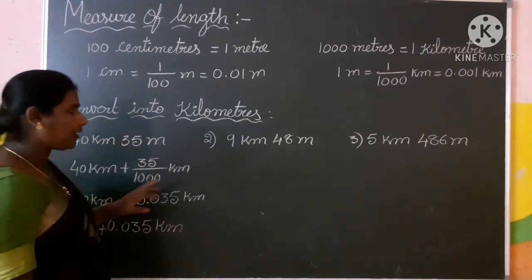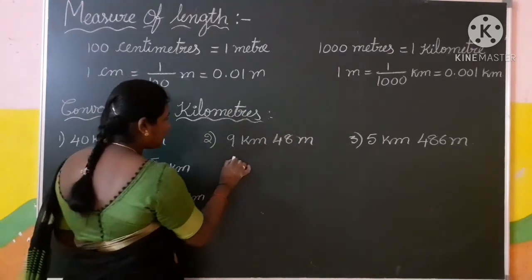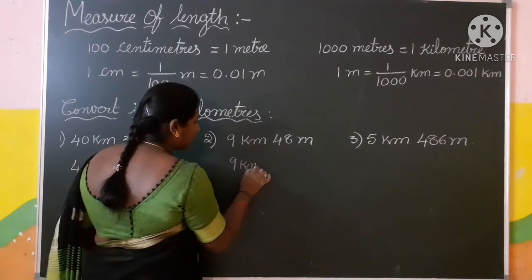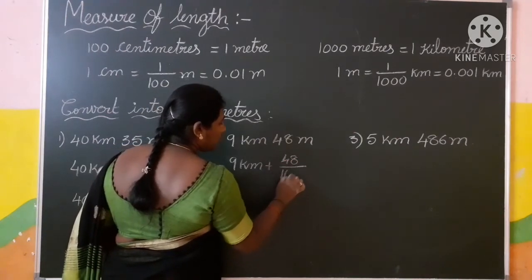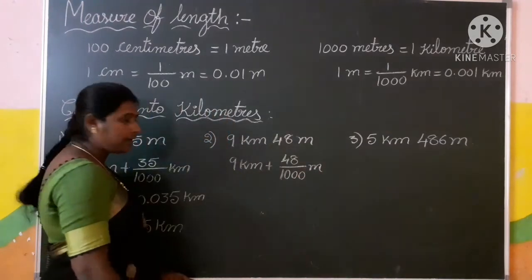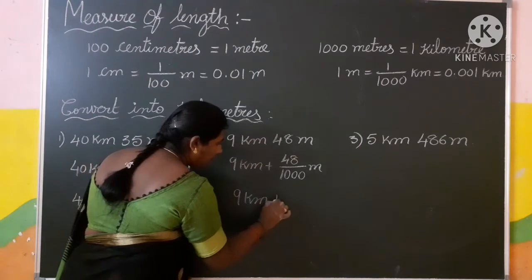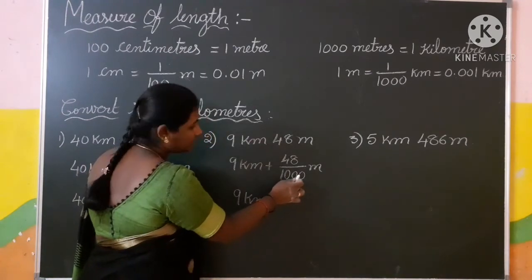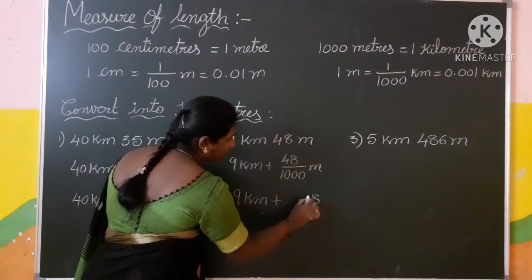40.035 kilometer. Next, 9 kilometer 48 meter. Same, 9 kilometer plus 48 by 1000 kilometers. So 9 kilometers plus 48 by 1000. 3 zeros, so 3 numbers before the point. 8, 4.